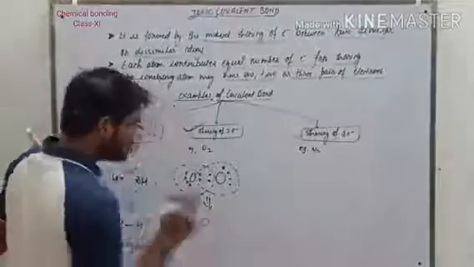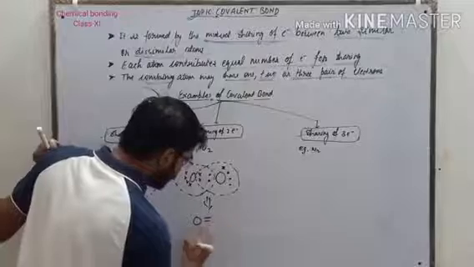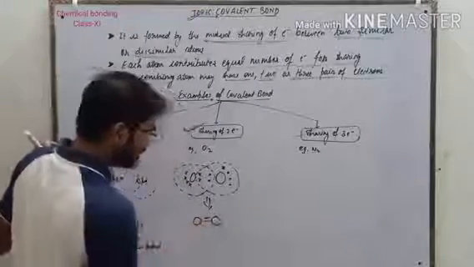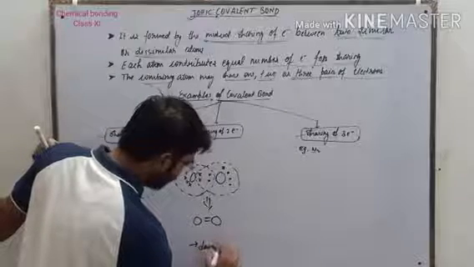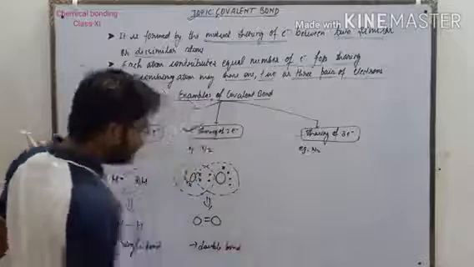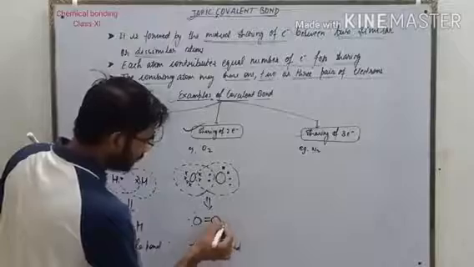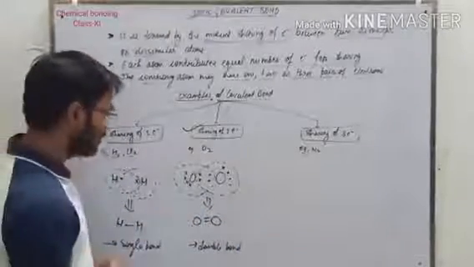So because of the sharing of 2 electrons, we can show a double bond, or 2 lines, between the 2 oxygen atoms. It is known as a double bond between the oxygen atoms, and there are 4 electrons left on each oxygen atom, and these are non-bonding electrons or lone pair electrons.